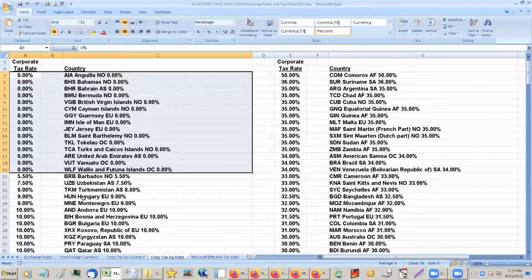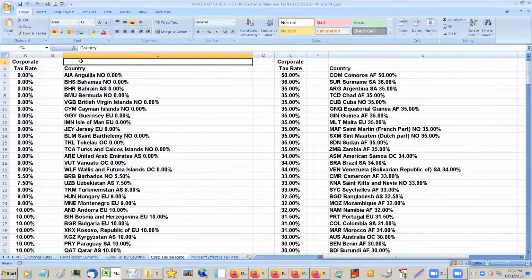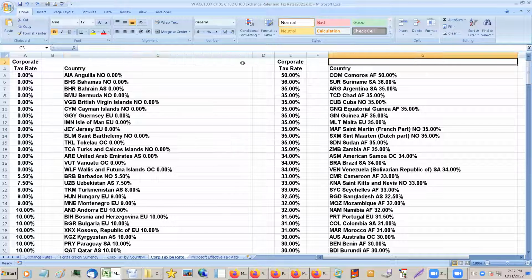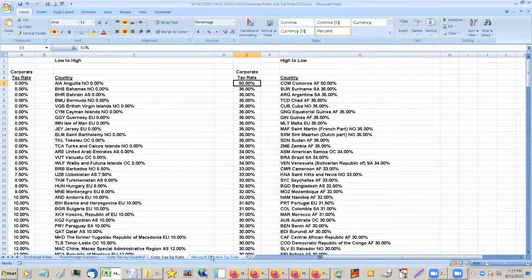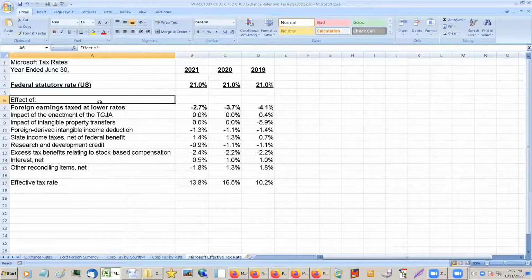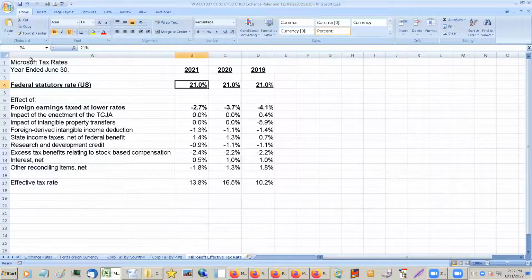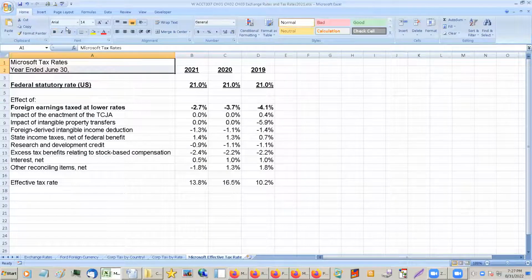They have no taxes. This goes from low to high, and this goes from high to low, these two sides. Okay. And here is Microsoft. This last little thing here, this is Microsoft rates.